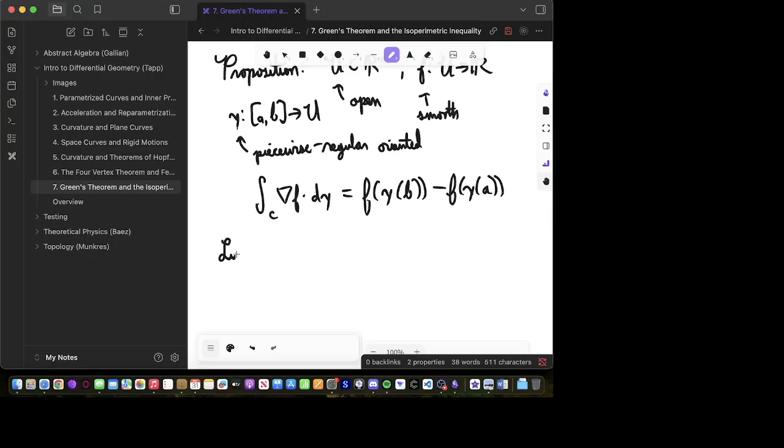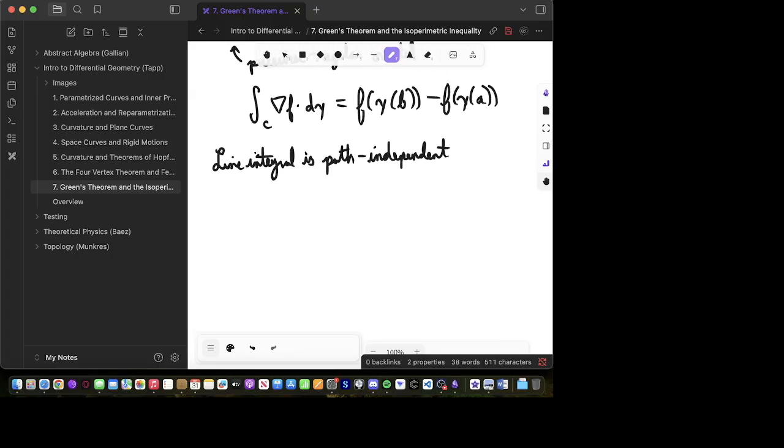Furthermore, the line integral is considered to be path independent, because no matter which curve we take, the answer is always going to be f of gamma of b minus f of gamma of a, so long as the start and end of the curve are at the same places.